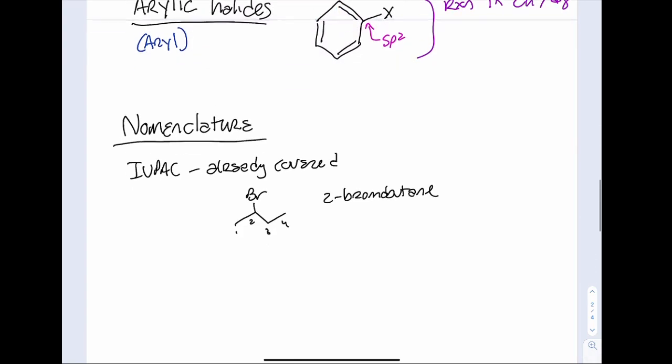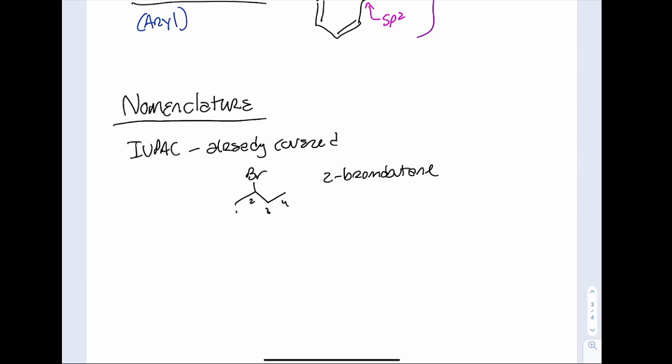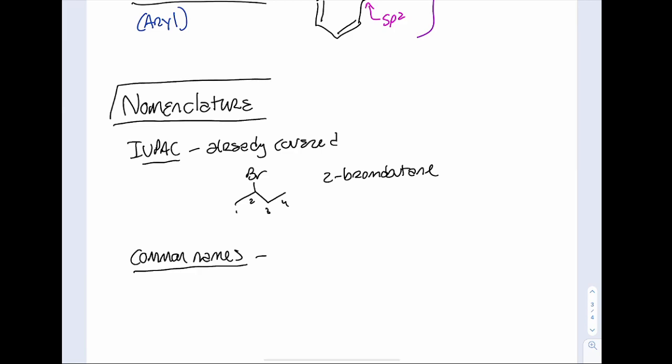So IUPAC, that we're hopefully good with. Common names, however, are still sometimes used, so I do want you to be familiar, if you see these, with what they're talking about. So a common way to name them, not following the IUPAC rules, is to name them as alkyl halides.